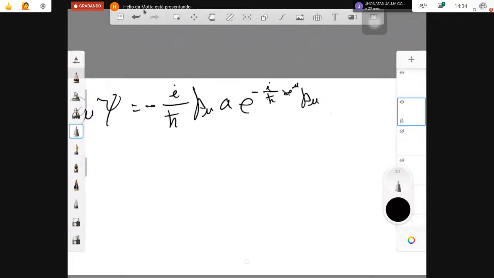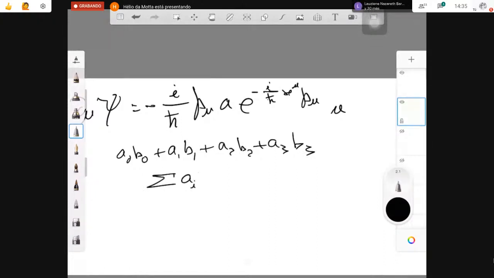But rather than have a sum of many indexes, like, say, A0 B0 plus A1 B1 plus A2 B2 plus A3 B3, let's say we write something like this, A_i B_i, with i from 0 to 3.